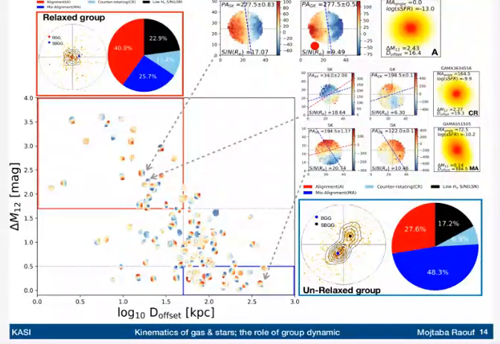Around 20% of our sample is low signal-to-noise galaxies, which we report here, and I can explain it in my future slide.